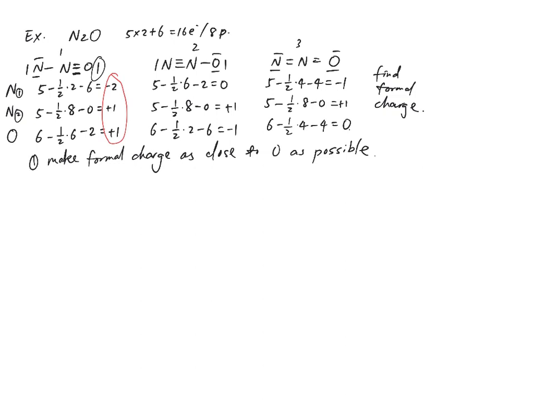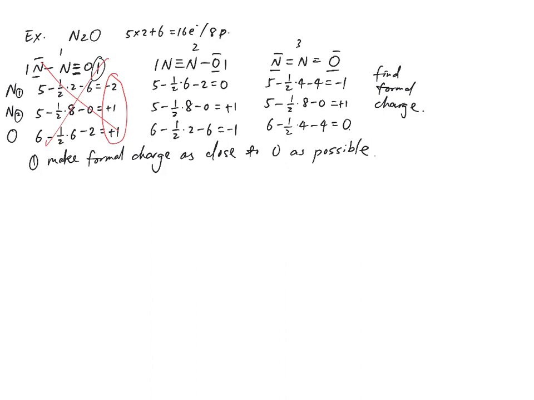So with this, we're eliminating the first structure. But between the second and third structure, we don't really have a clear winner, because it's 0, plus 1, negative 1 for both of the 2 Lewis structures.